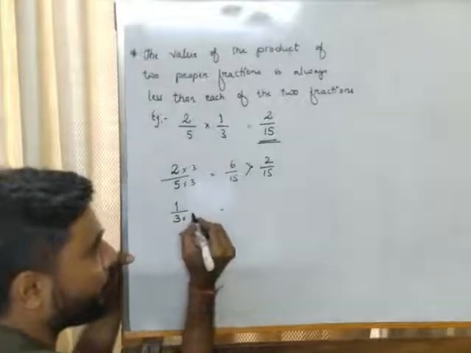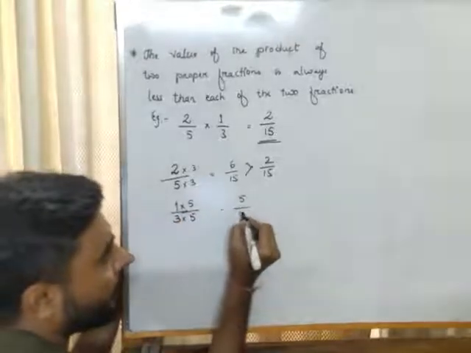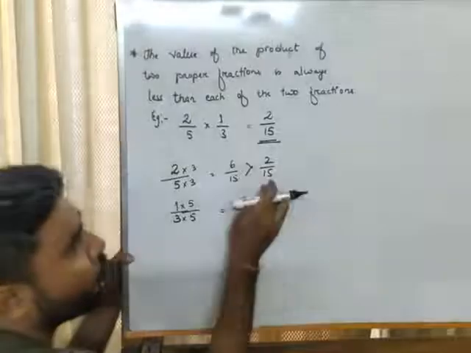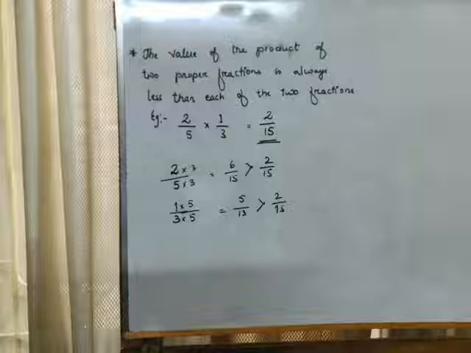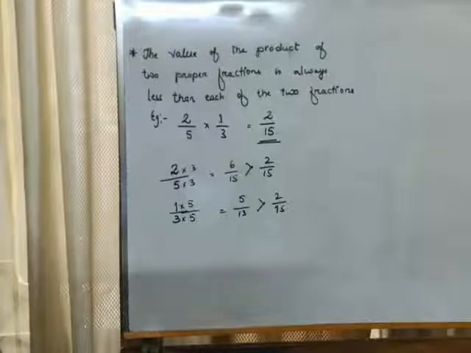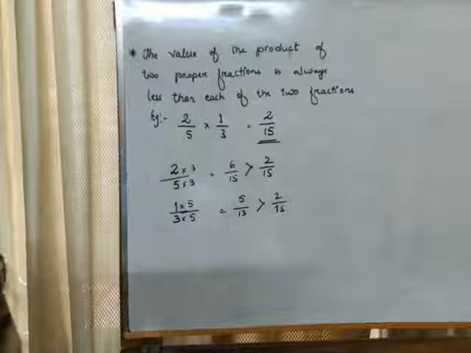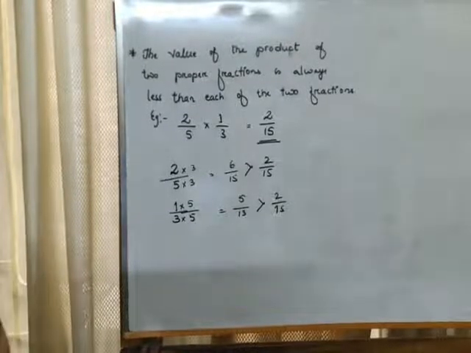To make it 15 I have to multiply by 5 and 5. So I got 5 by 15, which is greater than 2 by 15. So both numbers are greater than 2 by 15. Is it clear everyone? We got the product, and each of the two fractions which are multiplied is greater than the product.